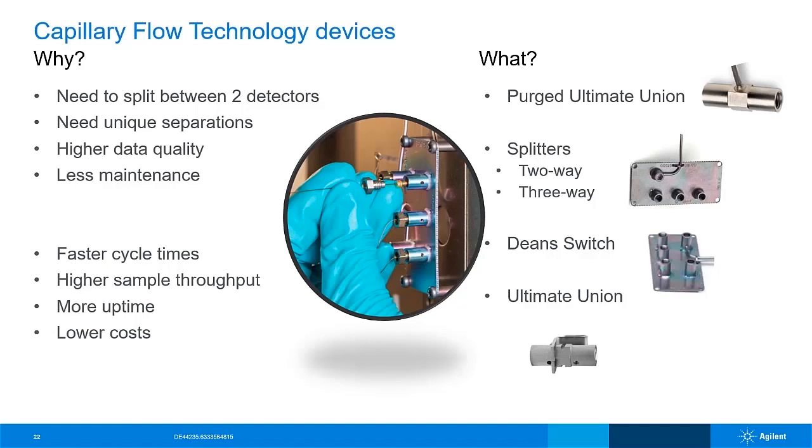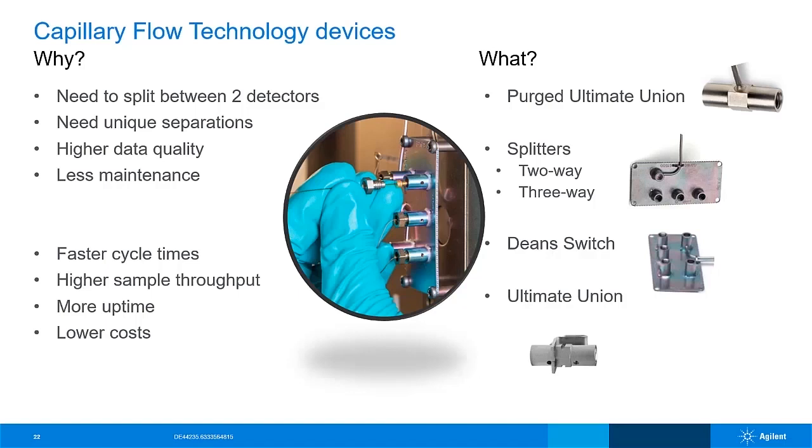You may need to get some unique separations out of the analysis. There could be a pair of compounds that coelute on one column, but if you transfer that coelution onto another column, they can be separated. CFT also provides the potential for higher data quality, faster cycle times through backflush, which can lead to more uptime and less maintenance with higher sample throughput.